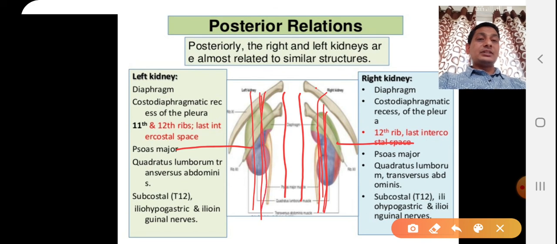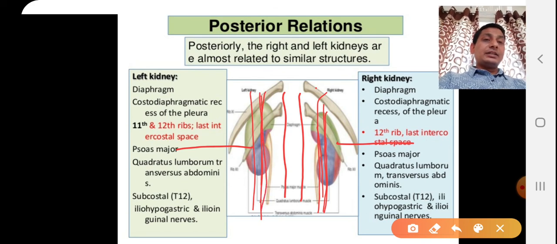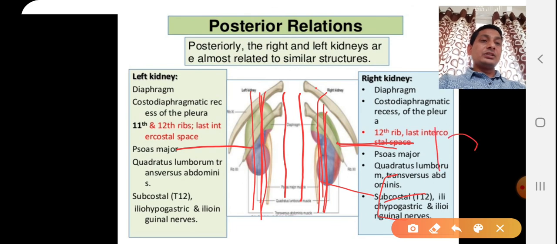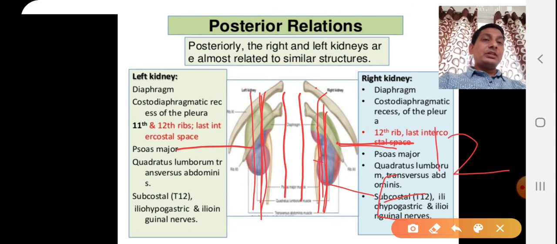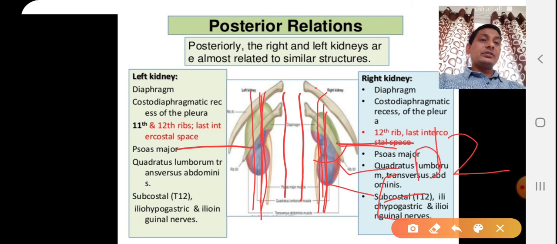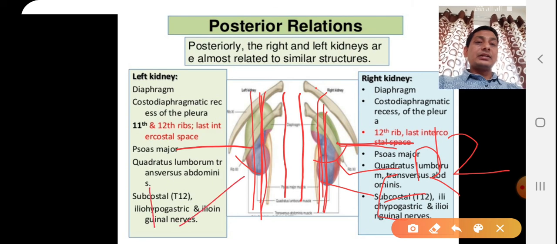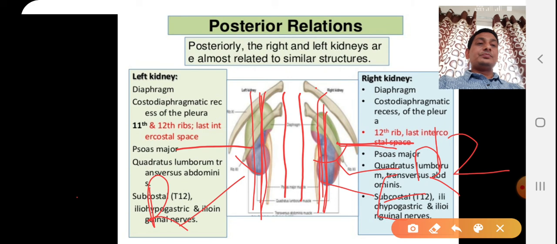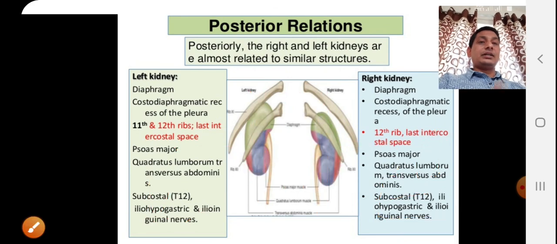What is the renal angle? The renal angle is the angle between the lower border of the 12th rib and the erector spinae. This is the erector spinae, and this is the 12th rib. This angle is the renal angle.